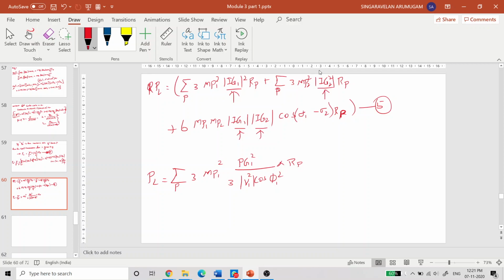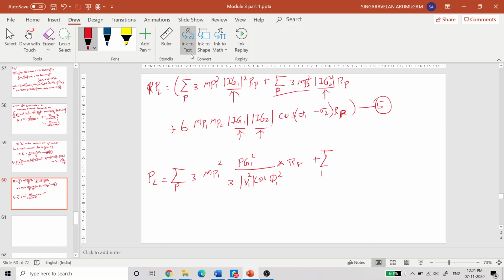So multiplication, this is multiplication plus Pg2 square, summation of 3 Pg2 square, sorry, so I need to take first this, right?